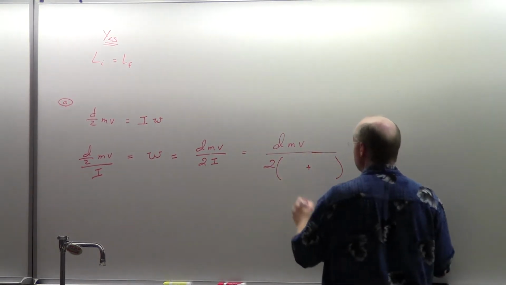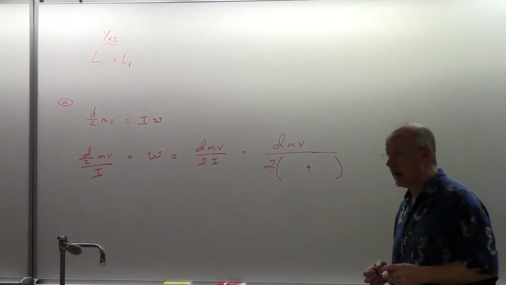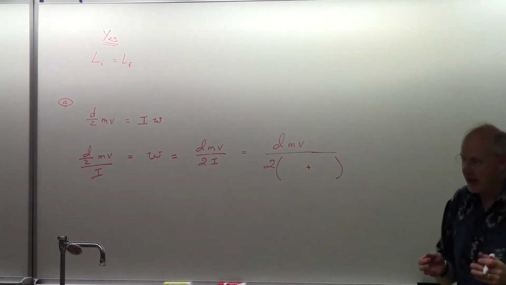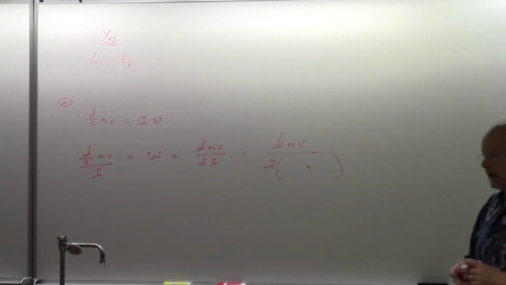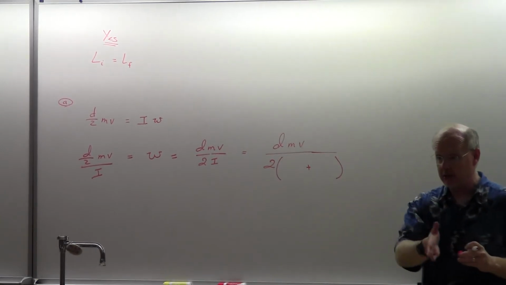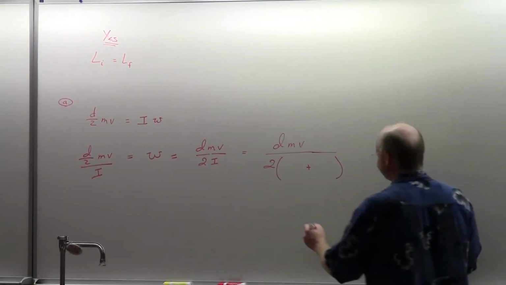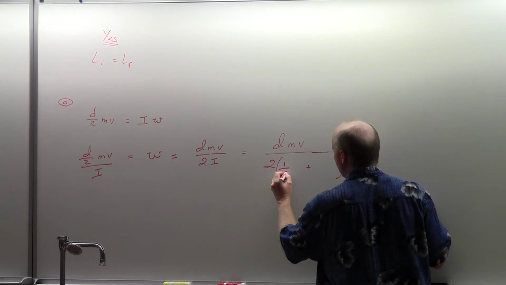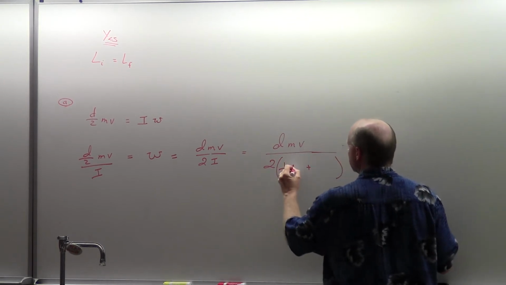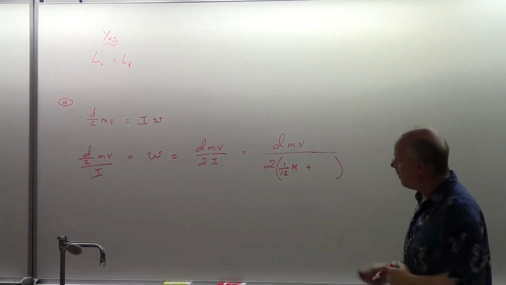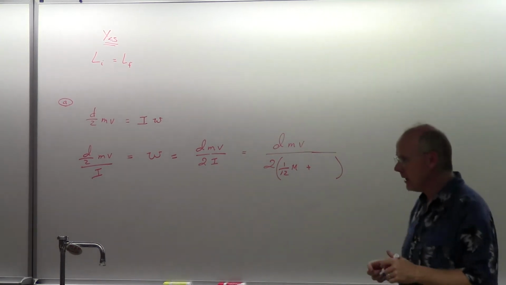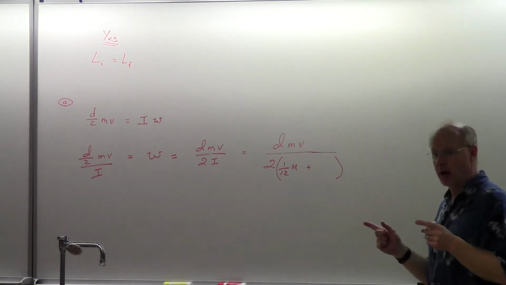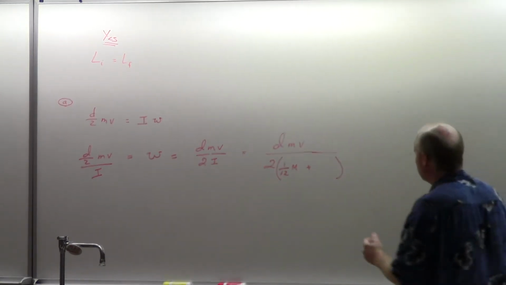Hopefully you see it's two things added together. It is the rod and that little blob. Let's start with the rod. How do you get the moment of inertia of a rod about its center? 1/12. So that's 1/12 times the mass of the rod, which in our problem they're calling capital M, times the length squared of the rod, which in our case is d.